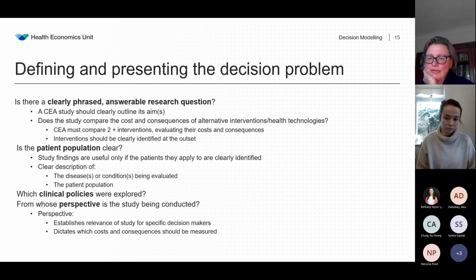So you could think of, say, screening for type 2 diabetes. One policy would involve a one-time screening at, say, 45, and another would look at two screenings at different ages.